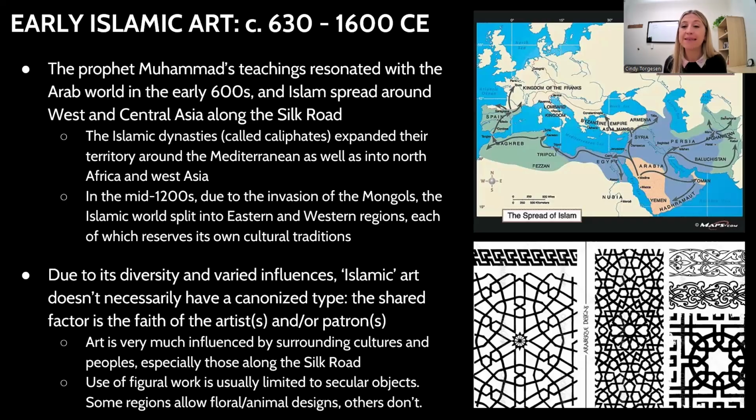And text is extremely important in the Islamic world. Specifically, words from the Quran are considered extremely important. So the artful incorporation of those texts in architecture is going to be heavily used. We're going to see a lot of really beautiful examples of that in the art and architecture we're going to look at.